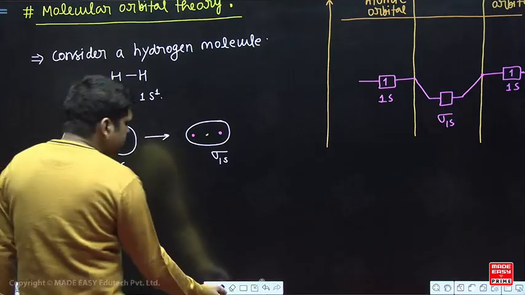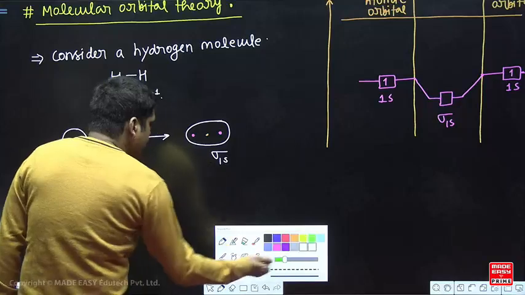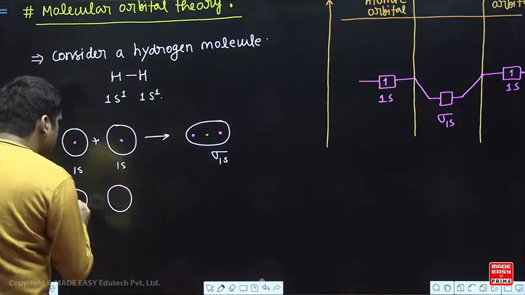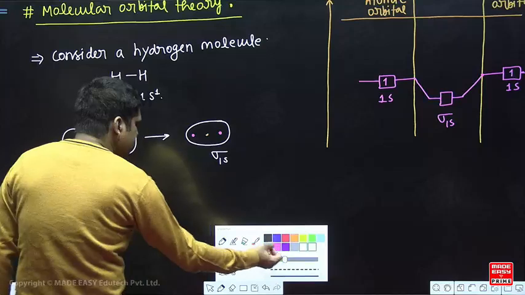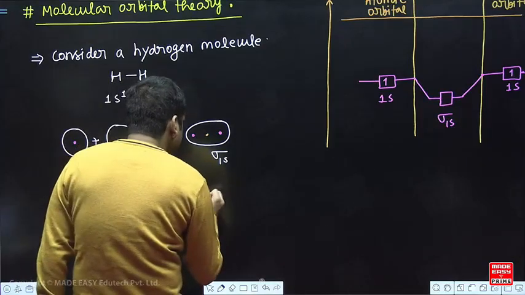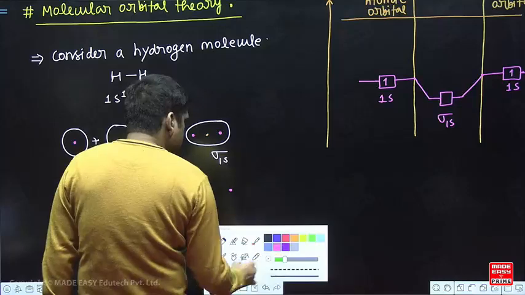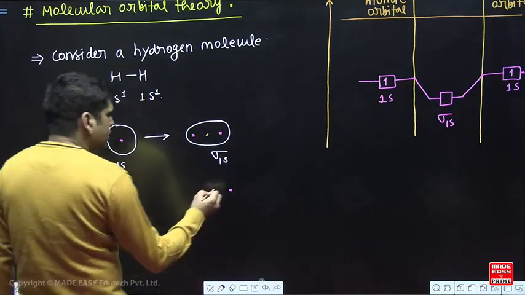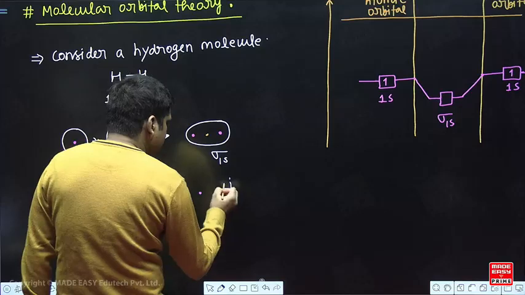Now let us consider the repulsion. When repulsion takes place, the nuclei will repel each other, so they will go away. And this electron will repel this electron, so no electron on this side.